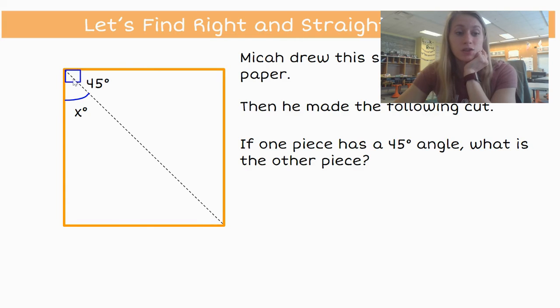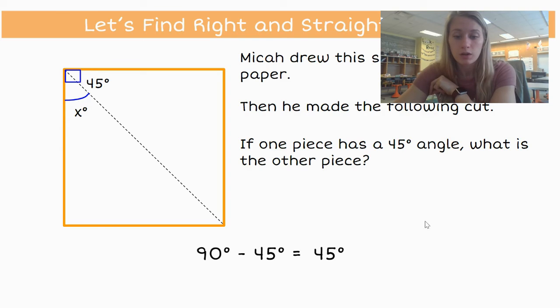So if I know that the total is 90, I can subtract the part they gave me to find the difference, which would be x. So 90 degrees, this square, minus this 45 piece will give me 45 on the other side.